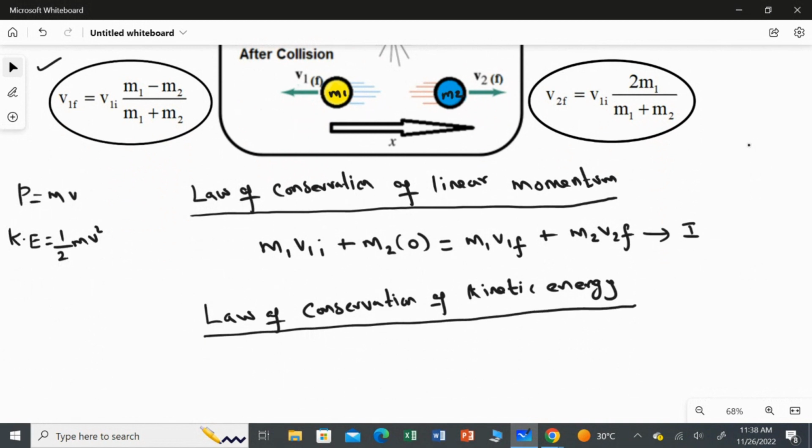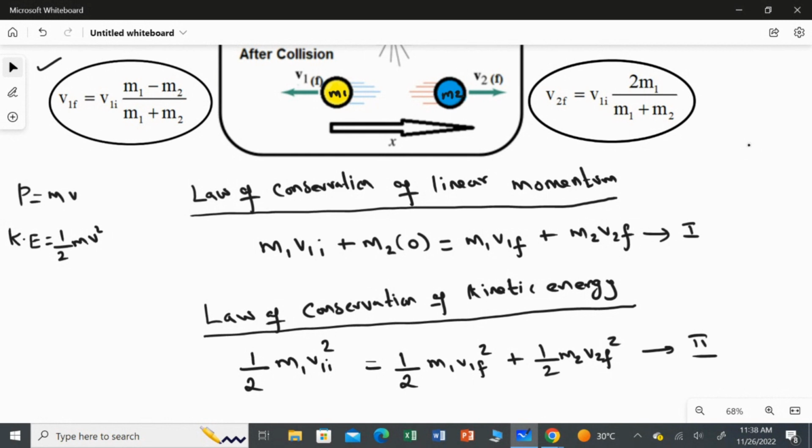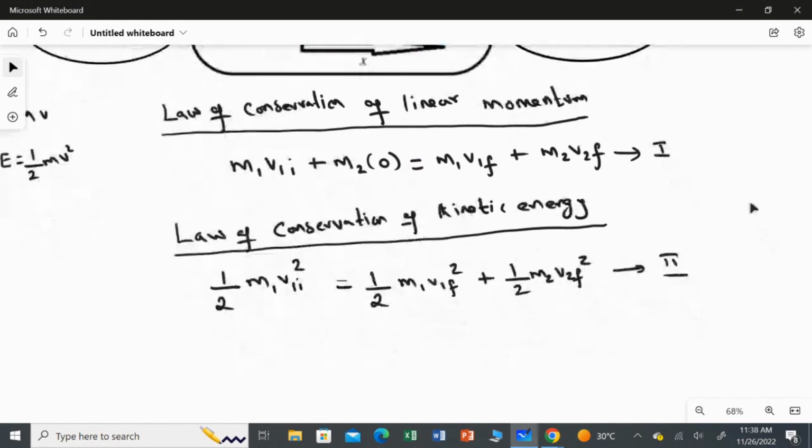So I have to apply this rule for this case: half multiplied by m1 v1 initial square, and for the second object there is no speed, so it will come as 0, which is equal to, for the final case, half m1 v1 final square plus half m2 v2 final square. I'm going to consider this as my second equation. Clear?